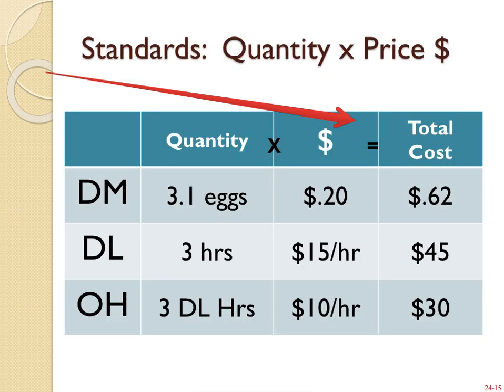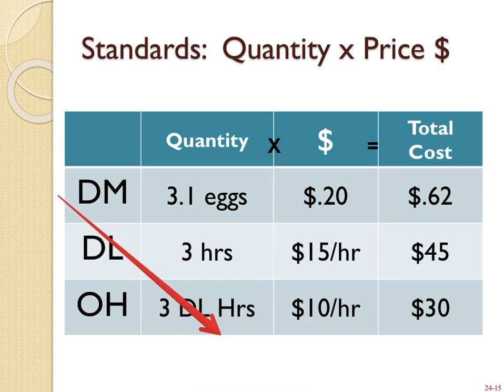So for example, the quantity is based on direct labor hours, so we would say it's 3 direct labor hours. And then for our predetermined overhead rate, we're going to say that for every direct labor hour, the product uses up $10 of overhead costs.